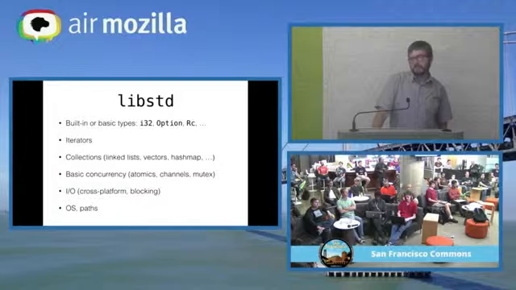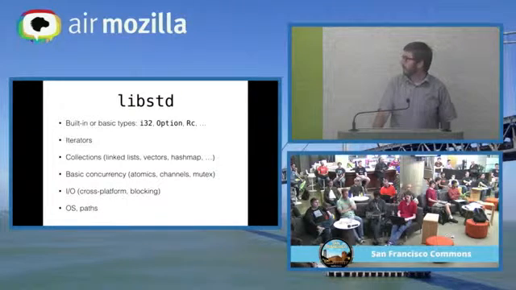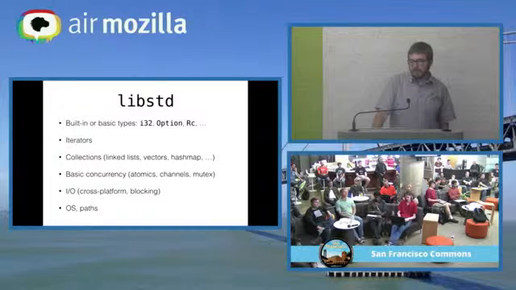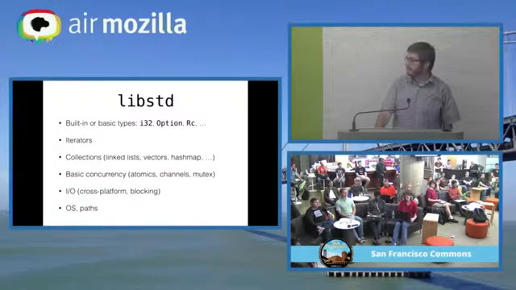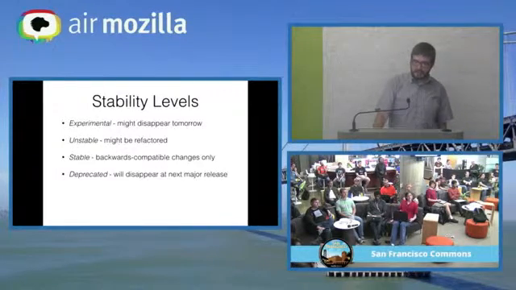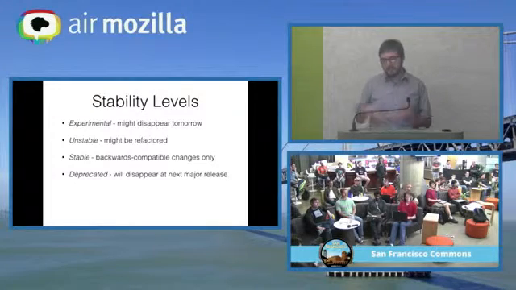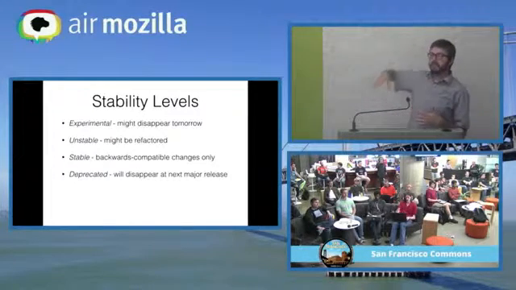And then a cross-platform I/O module and a few other things. So that's the basic gist of what's in the standard library today. And we can expect that 1.0 will basically include all of this stuff and probably not much more in the core distribution.